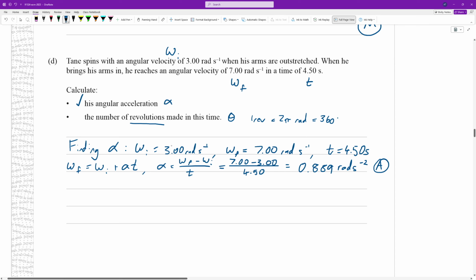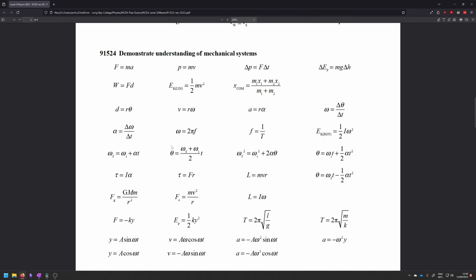Tick. Now let's find the number of revolutions made in this time, starting by finding angular displacement. So looking at our formula sheet, you have a few options. What could we use? We could use the second one, because we know the final, initial, and time.